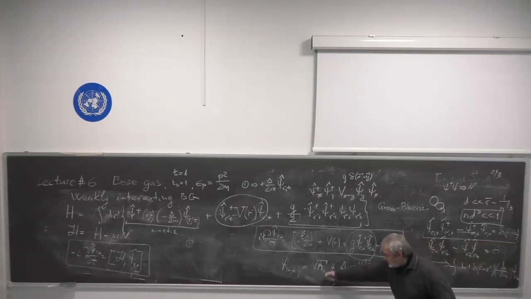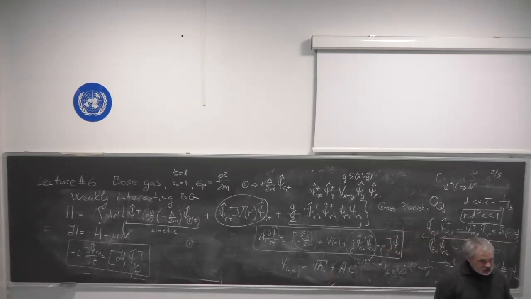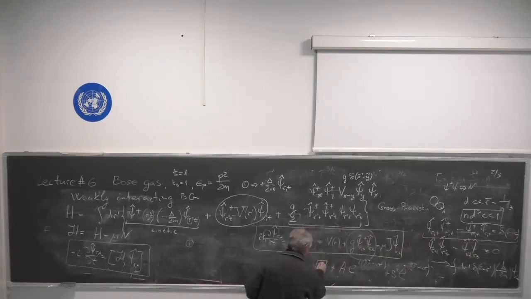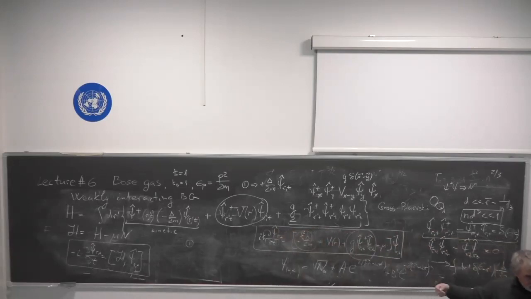I can use the fact that N_0 is a very large number. I would even write N_0 capital in order to emphasize the large. This is the way I normalize my wave function, so it will be normalized by the total number of particles.